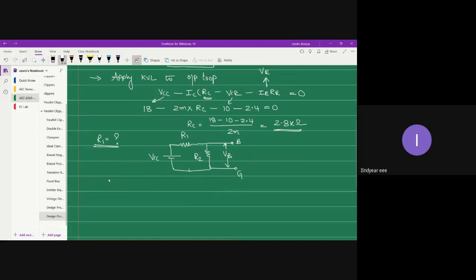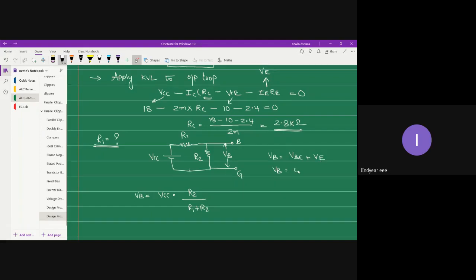Using the potential divider rule, VB is equal to the main voltage into the resistance across which VB is measured, divided by the sum of resistances. The same formula holds good for VTH as well. Also, VB, the base to ground voltage, is nothing but VBE plus VE, emitter to ground.